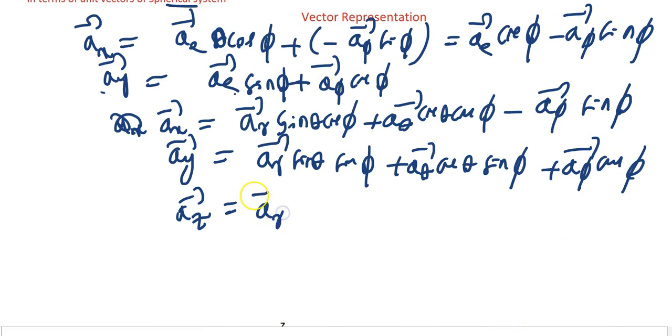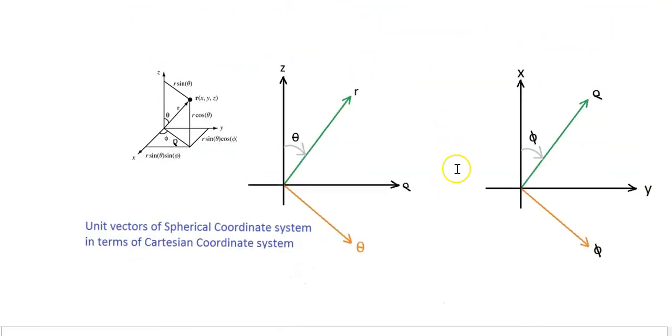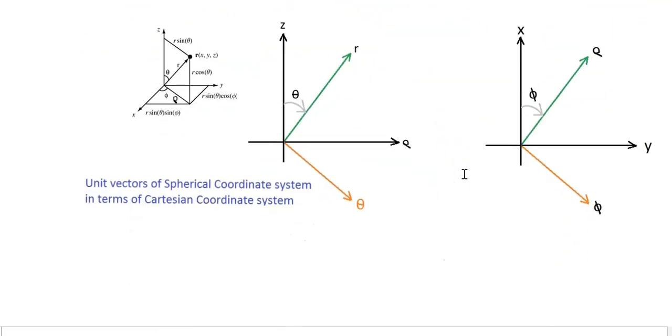So AR cos theta minus A theta sin theta. This is the expression of unit vector in Cartesian coordinate system in terms of unit vectors in the spherical coordinate systems. Now we'll move to the reverse way. Unit vectors of spherical coordinate systems in terms of Cartesian coordinate systems.